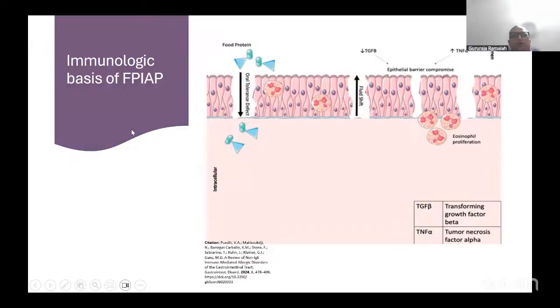So coming to the immunological basis of food protein-induced allergic proctocolitis, the protein comes and is taken up and directly enters the cells, where there is eosinophilic proliferation, there is decreased TGF beta, there is also fluid shift here, and there is involvement of eosinophils.